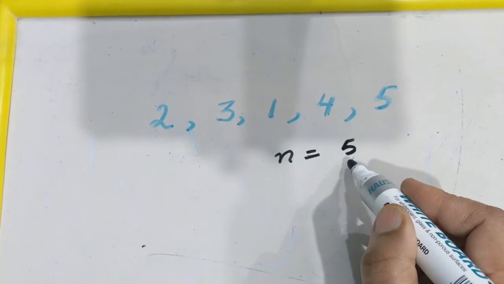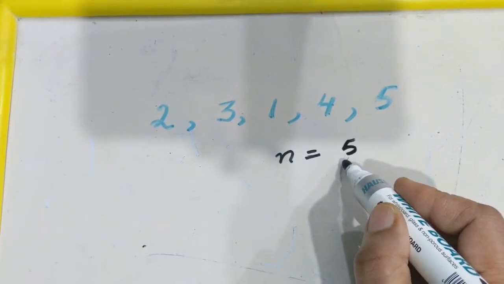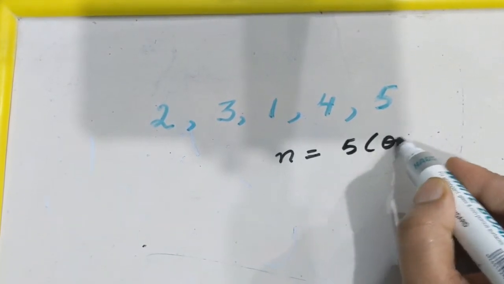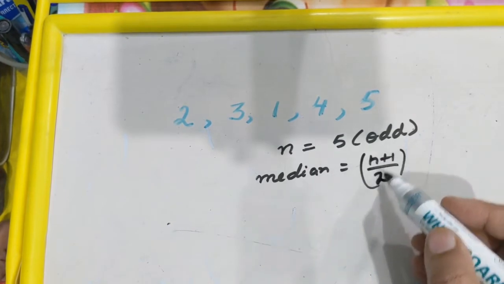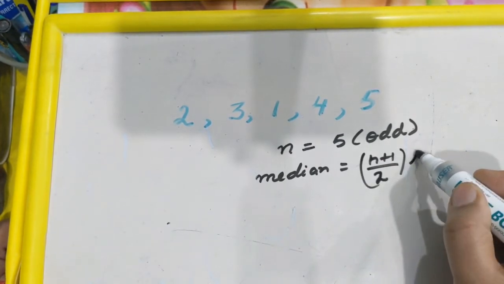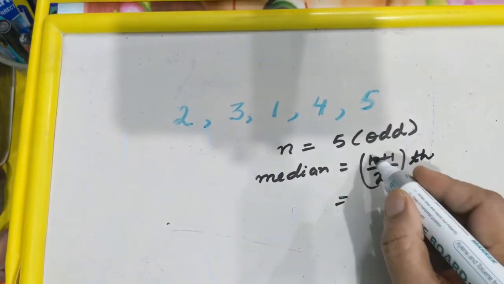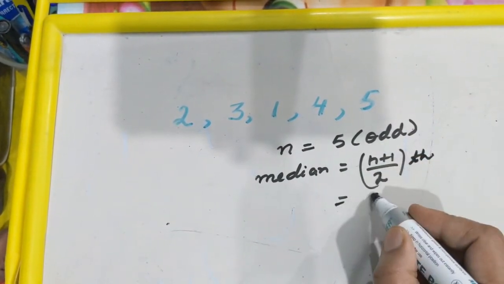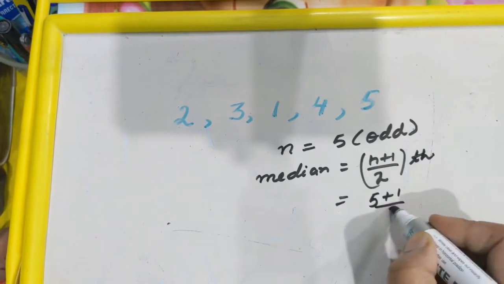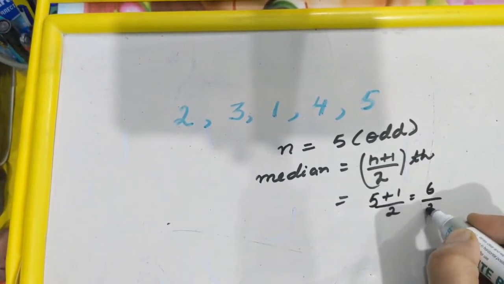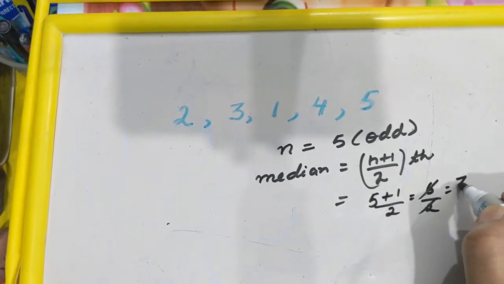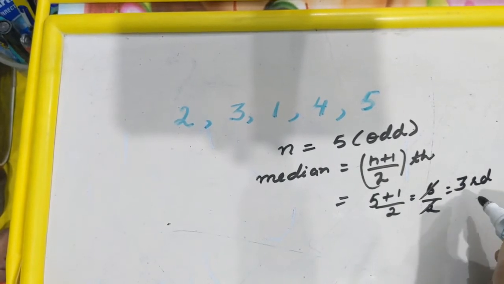The number of observations is 5 and 5 is odd. In that case, Median equals (n plus 1) by 2th term. So let's find the Median here. N is 5, so substitute the value: (5 plus 1) by 2 equals 6 by 2. Simplify, you'll get the third term. Hence the Median is the third term.